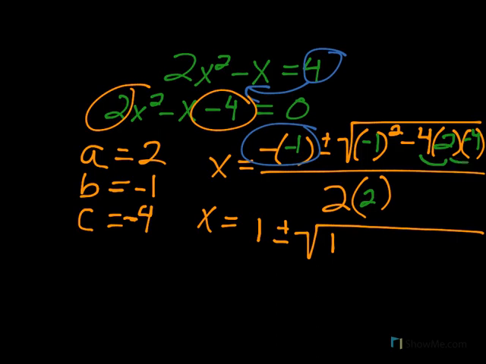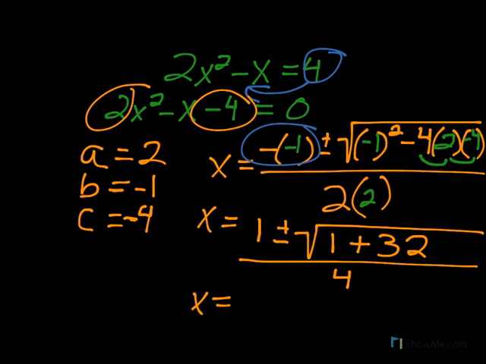Negative 8 times negative 4 is going to be a positive, 32, because 8 times 4 is 32. And this is all divided by 4. I'm almost done, because then I need to simplify my radical in there. So 1 plus or minus the square root of 33, all over 4.